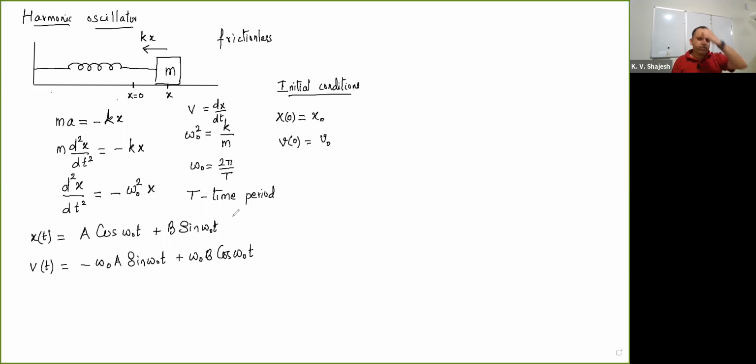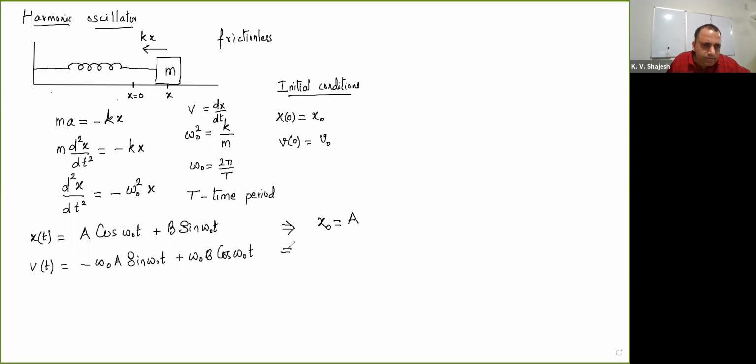So there's two equations. And together with the initial conditions, you can see that this first equation implies x naught is equal to, if I set t equal to 0, the sine function does not survive because cosine gives you 1, so x naught is equal to A.